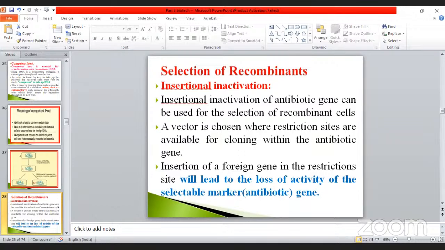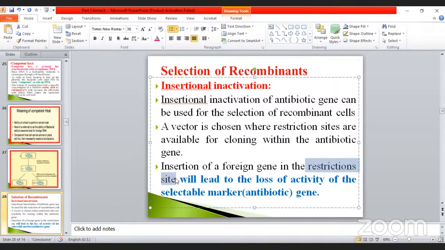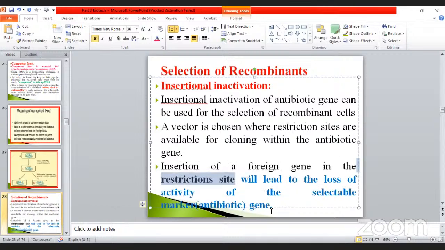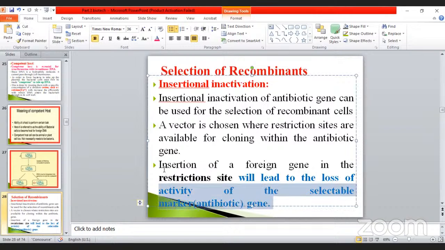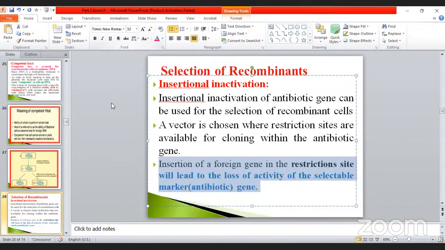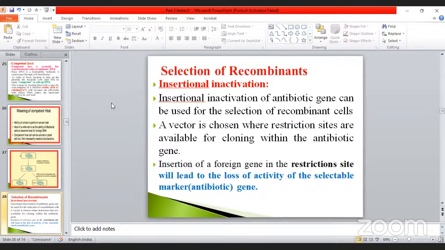Which site we are going to introduce it at is very important, because the insertion of the foreign gene into the restriction site splits the antibiotic gene molecule. As a result, the function will be incomplete and the selectable marker will not act properly.